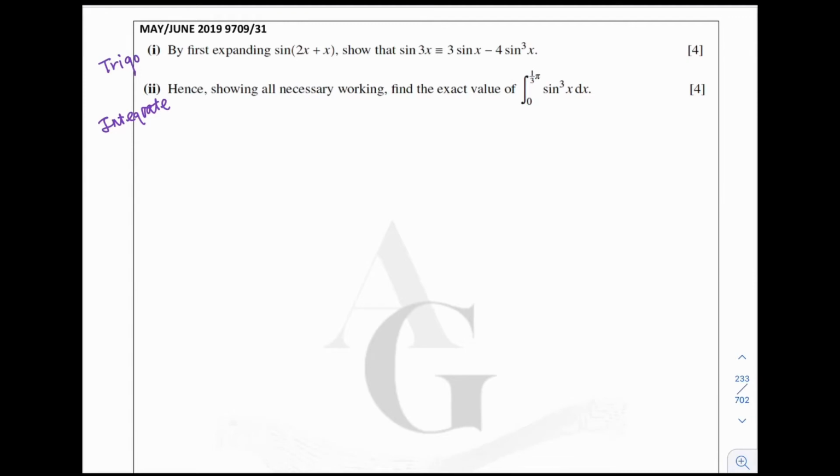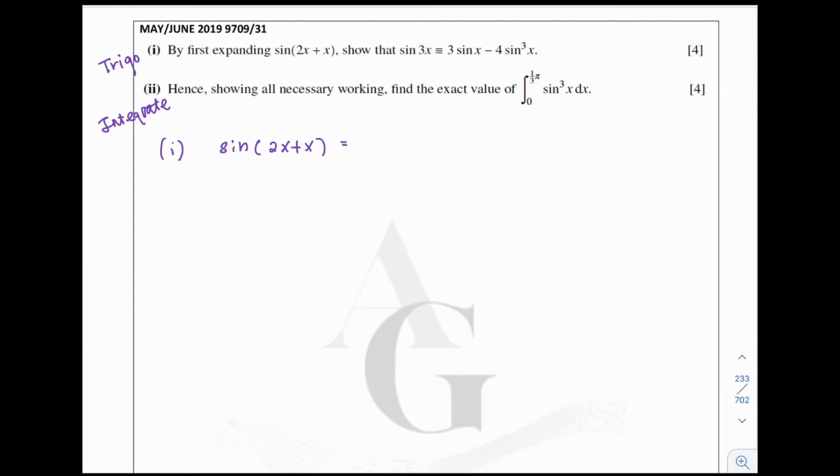Part 1: by expanding sin(2x + x), show that sin 3x equals 3 sin x minus 4 sin cube x. So we just follow the instruction and do the first part, which is the expanding part. We expand sin(2x + x) using the compound angle formula.